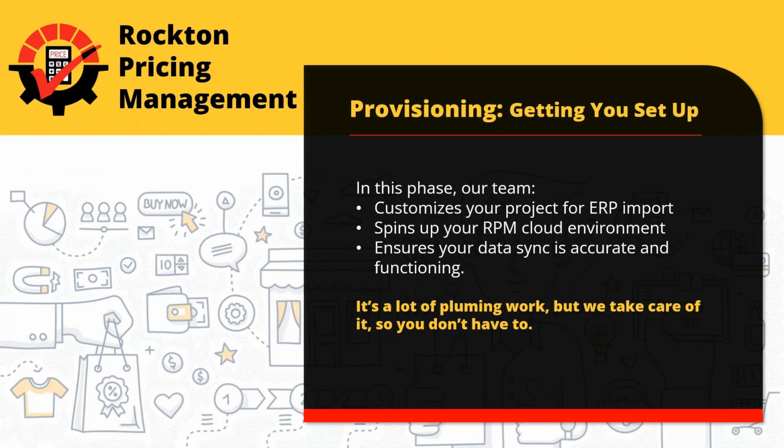Then the next phase is the provisioning phase. A lot of this happens in the background, where your team is pulled in here and there, but really we're doing the heavy lifting in this section. We make sure that the software is installed and that it is talking to your ERP system.